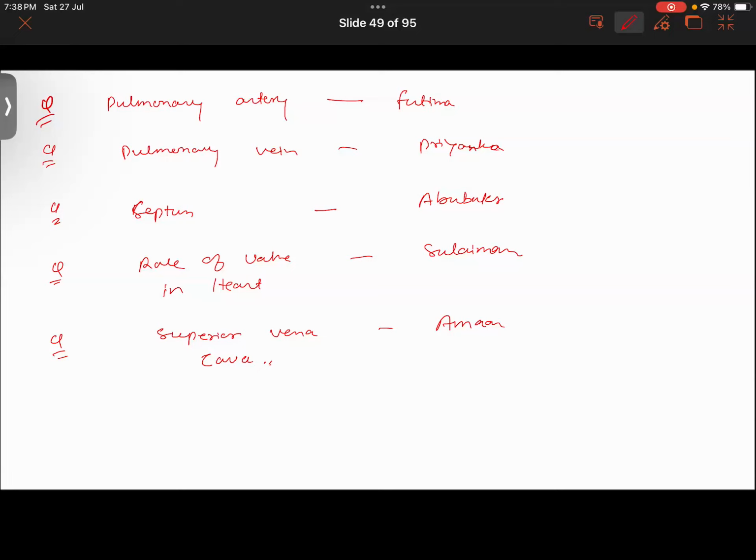So the septum helps keep the oxygen-rich blood from the lungs from mixing with the oxygen-poor blood.